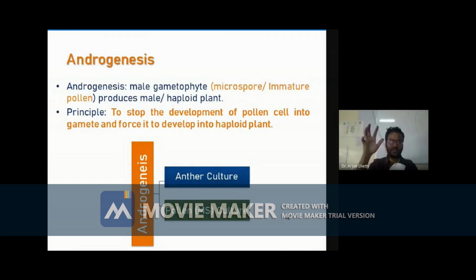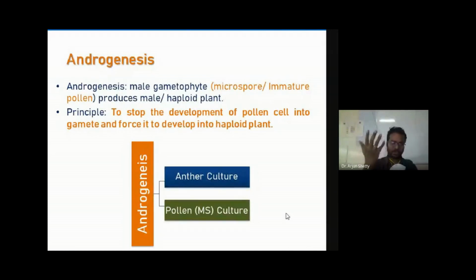If the flower is in bud condition, or the stamen or anther is immature, you are going to see microspore mother cells. But as the developmental stages proceed, finally you are going to see mature microspores. These can be called pollen grains. So these male gametophytic microspores or pollens, usually immature pollens, need to be taken for culture.